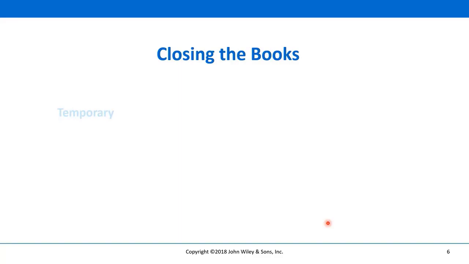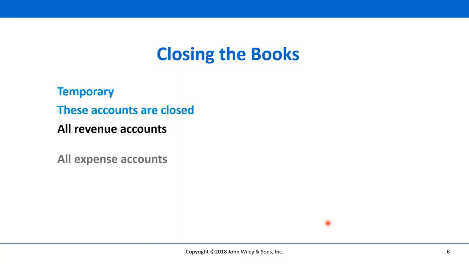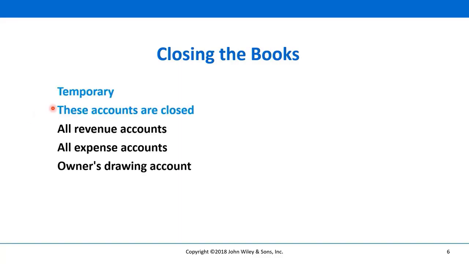But not only the expense account, there are other accounts as well. The revenue accounts, expense accounts and drawing accounts are known as temporary accounts. Since they are temporary, we have to close them before moving to the next accounting year or next accounting period.